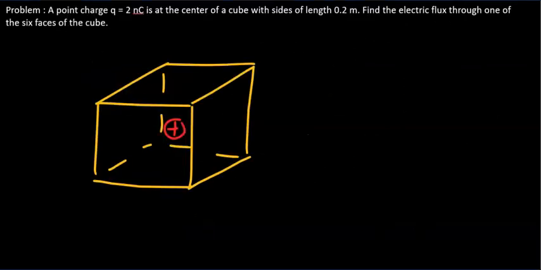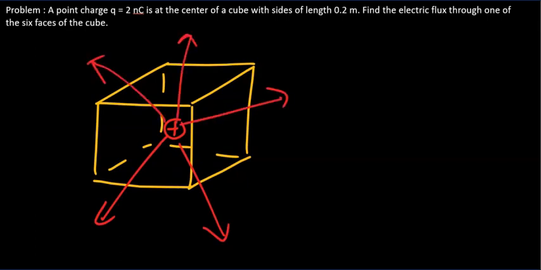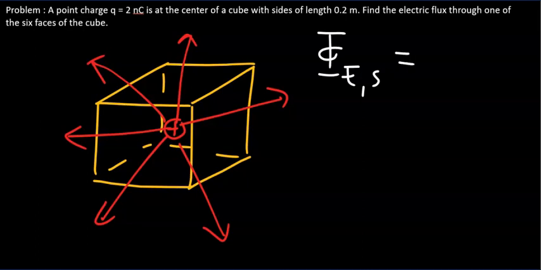Let's look at the following problem. A point charge of 2 nanocoulomb is at the center of a cube with sides 0.2 meter. Find the electric flux through one of the 6 faces of the cube. Of course, being a point charge, the direction of the electric field is going to go like that. So how do we determine the electric flux? The total electric flux through this cubical surface is the net charge, which is 2 times 10 to the power minus 9 coulomb, because it's given in nanocoulomb, over epsilon naught.